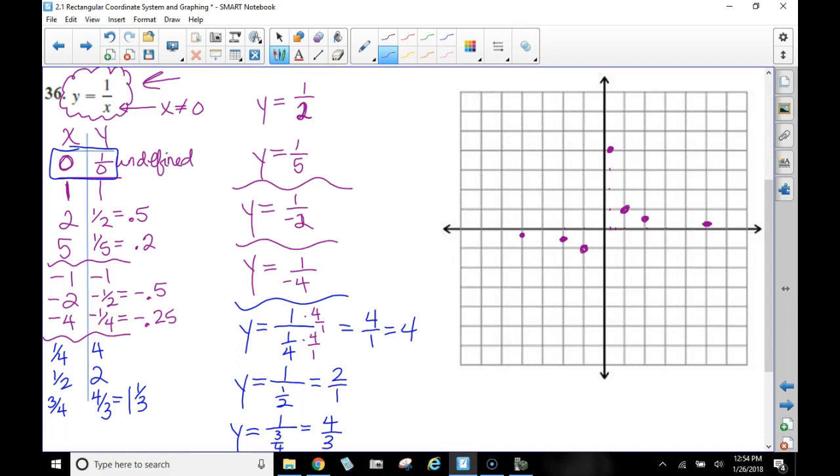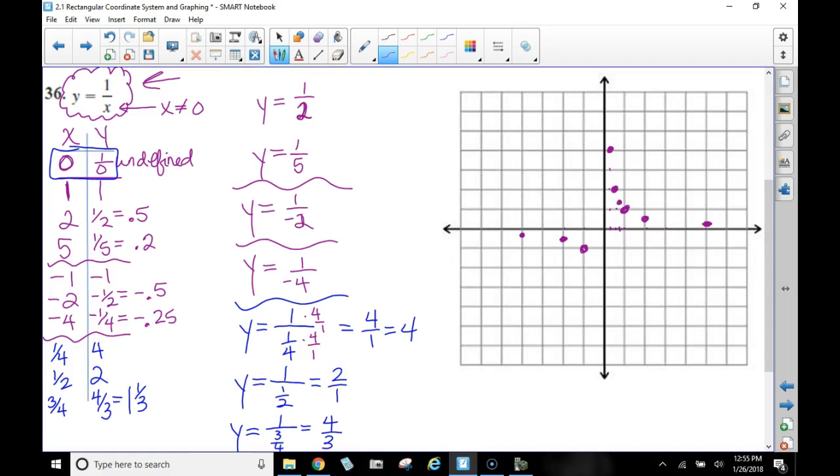When x is 1/2, y is 2. There's (1/2, 2). When x is 3/4, I'm eyeballing that about right in here. 3/4, y is 1 1/3. That'd be about right there. So now I have a little bit better idea of what's going on.